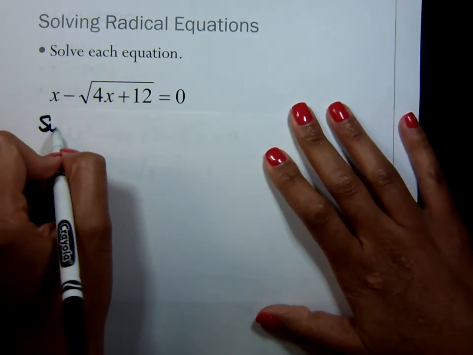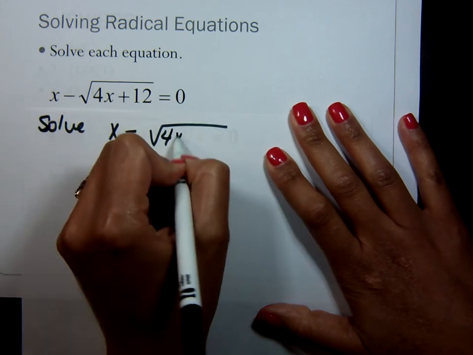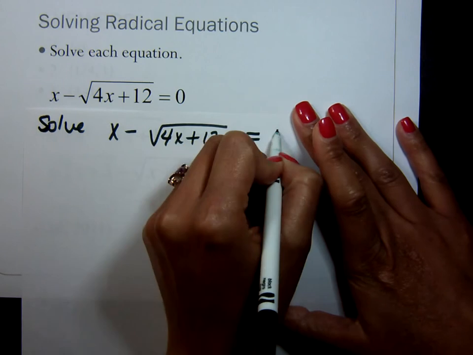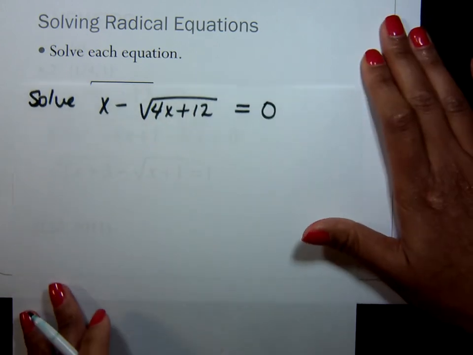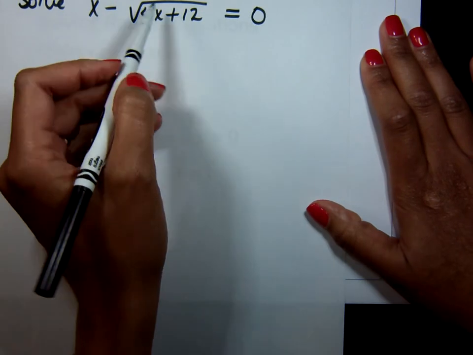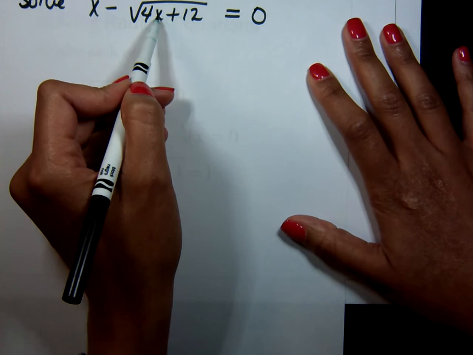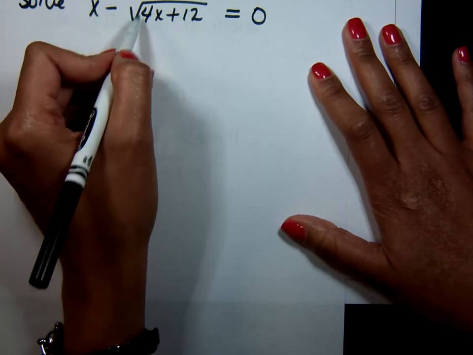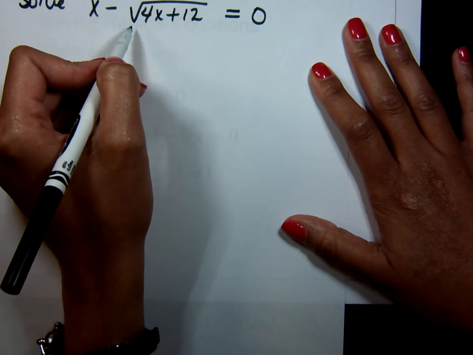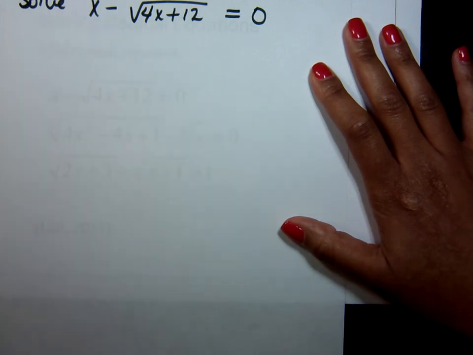It says solve x minus the square root of 4x plus 12 is equal to 0. So that's our equation. And it is a radical equation because we have a variable underneath this radical, so to speak. So let's look at it. First step says to isolate your radical. So isolate our radical expression. That's what we want to do first.